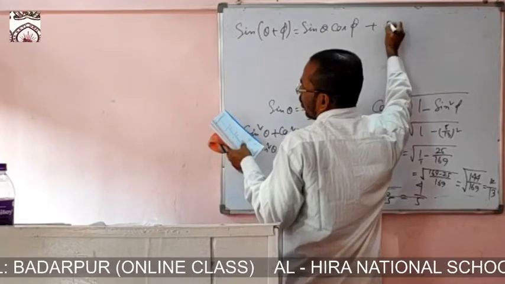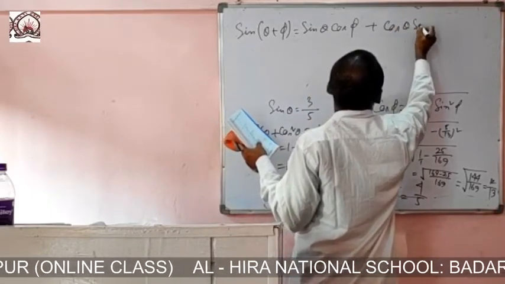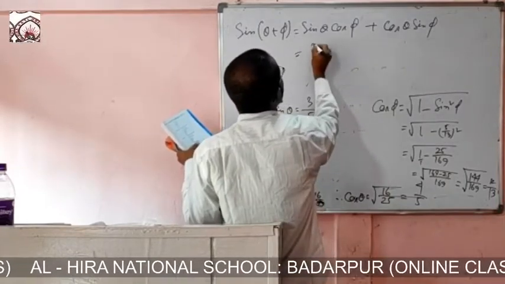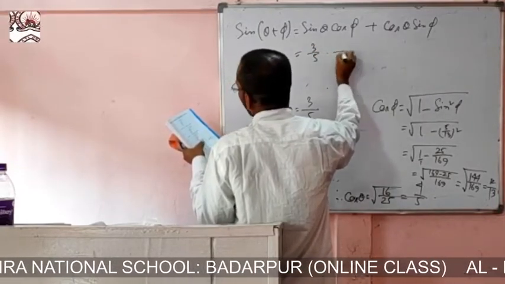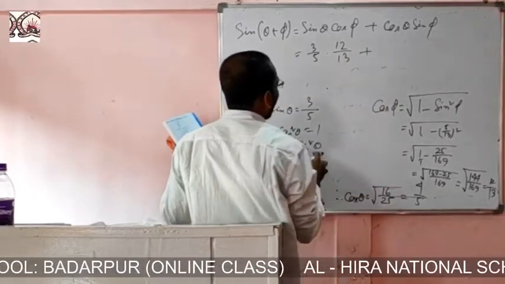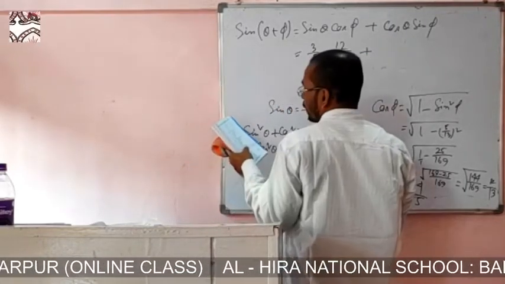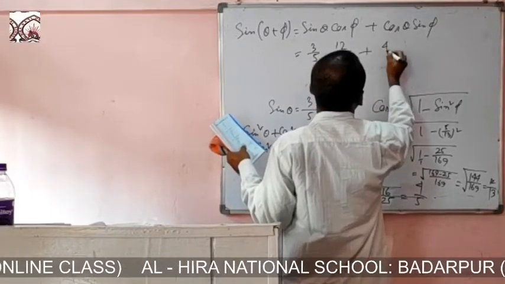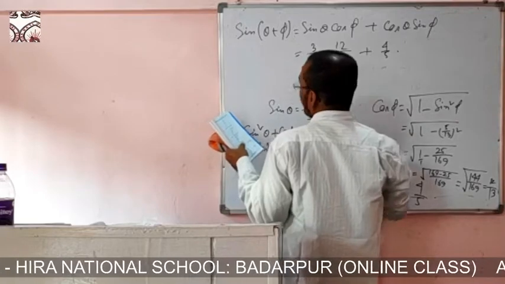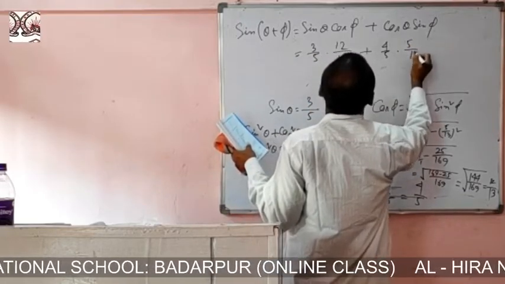So sin theta is 3 by 5, and cos phi is 12 by 13, and cos theta is 4 by 5 into sin phi, which is 5 by 13.